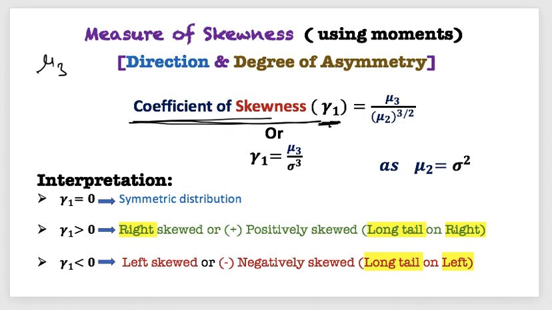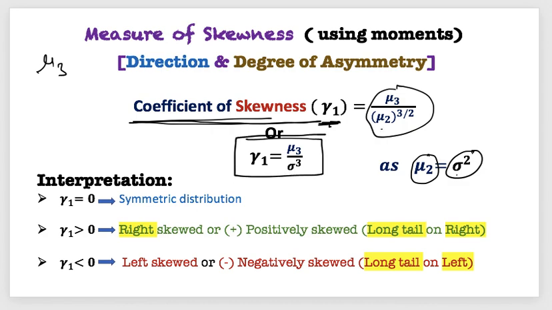The formula uses mu3 over mu2 to the power 3/2. Alternatively, because mu2 is the second moment and the second moment is the variance, if I plug in the variance value, I get this formula. It is up to you, whichever is convenient to solve. Mostly we use mu3 upon sigma cubed.